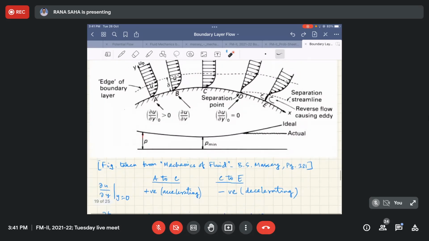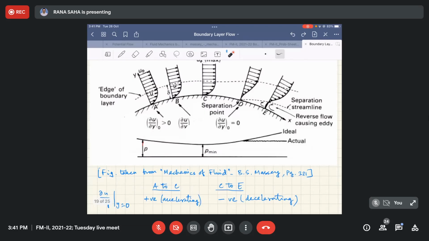It is not favorable because it ultimately leads to a shift of the boundary layer, which otherwise remains attached with the body or with the solid boundary. So this is a representative point where we can say that del u del y becomes equal to 0, and then it could be negative. So this negative del u del y indicates the reversal of velocity.